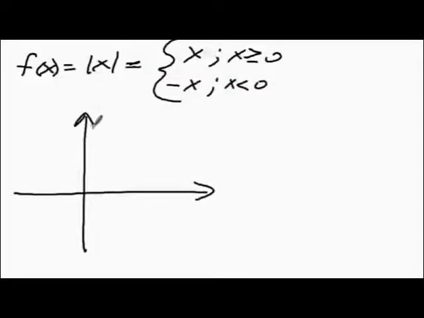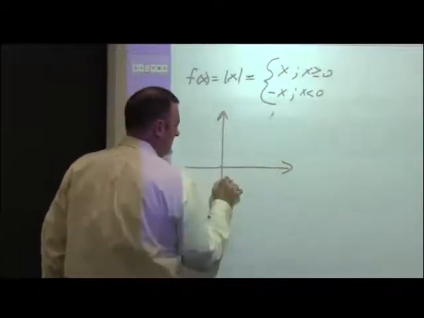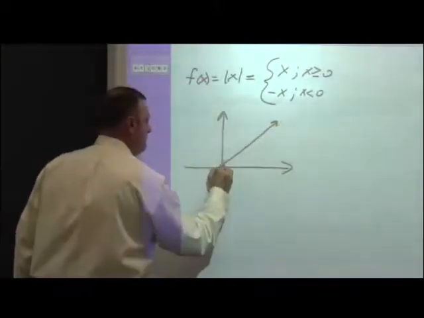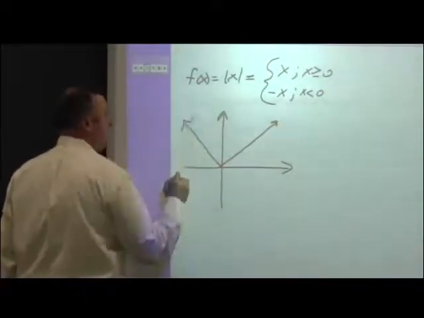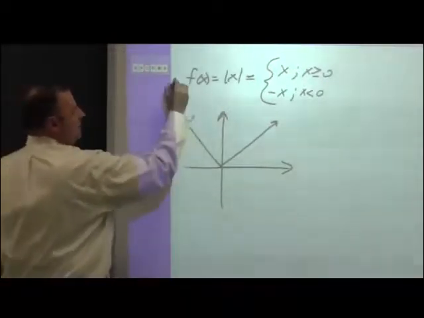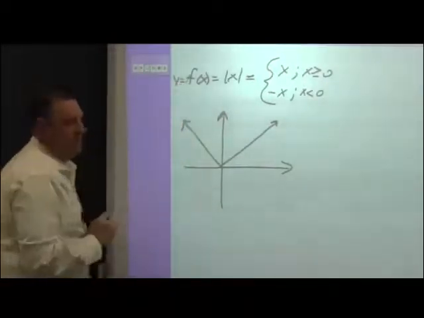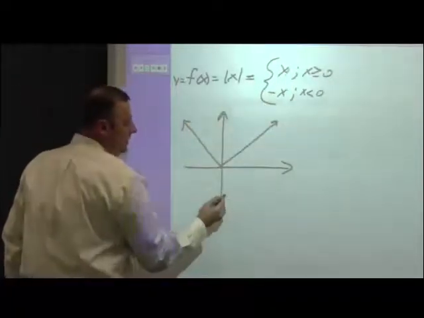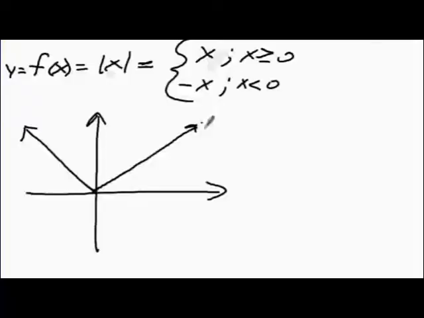we know the absolute value of x makes a V, and this one's centered at the origin. If you try to graph it, you're going to look at f of x equals. A lot of times we say y equals f of x. Y equals x. That's the equation of this line right here.